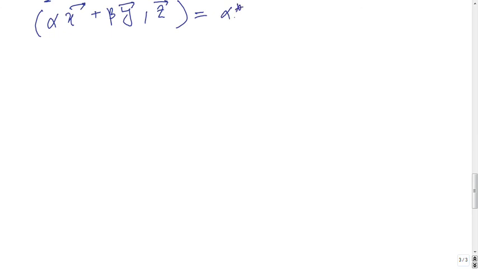So the inner product, which we defined above, is a sesquilinear form on H, in that it is antilinear in the first argument. That is, if we have an inner product of alpha times vector x plus beta times vector y with the third vector z, it is the same as alpha star times the inner product of x and z, plus beta star times the inner product of y and z.